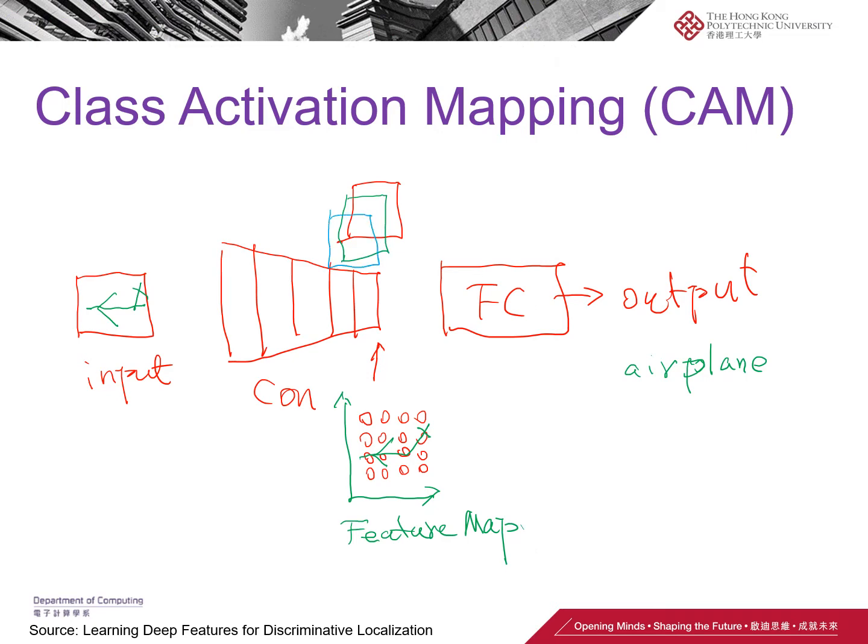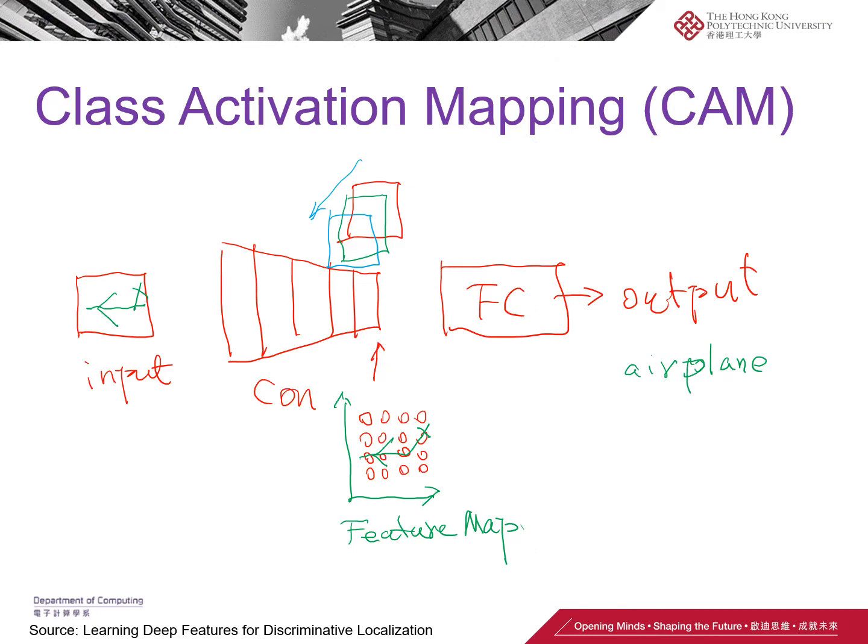So probably some of the channels are focusing on the sky, some of those channels focusing on the airplane, or they work jointly to focus on the airplane. So in this case, we have to fuse those channels.